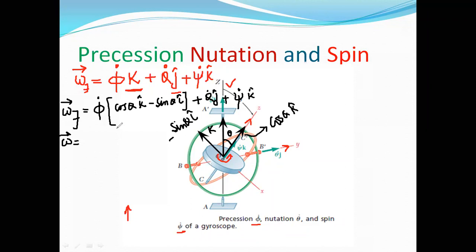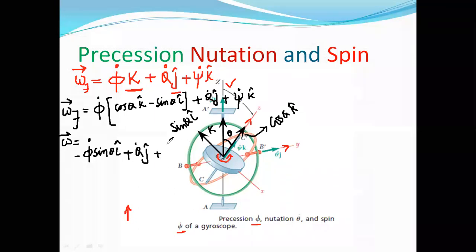This can be written as minus phi dot sine theta i cap. Then the j component, plus theta dot j cap. This is the second component. And the third component will be, plus.